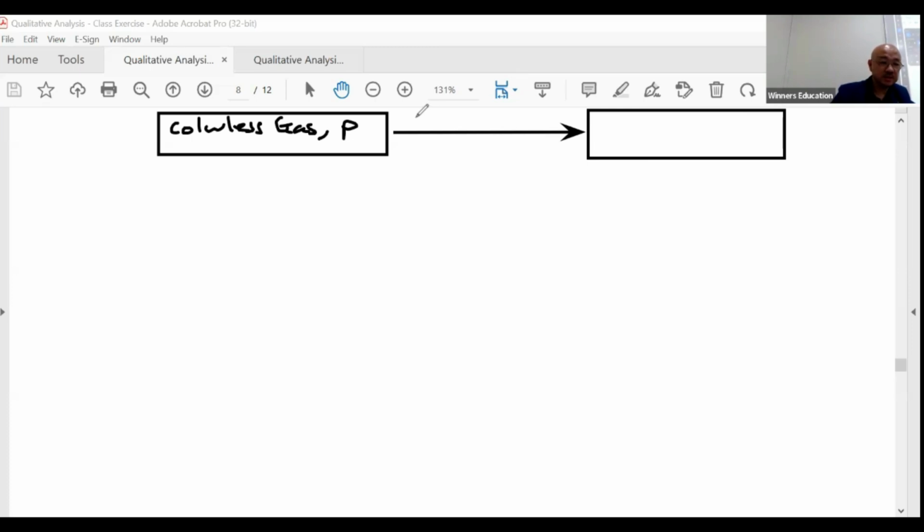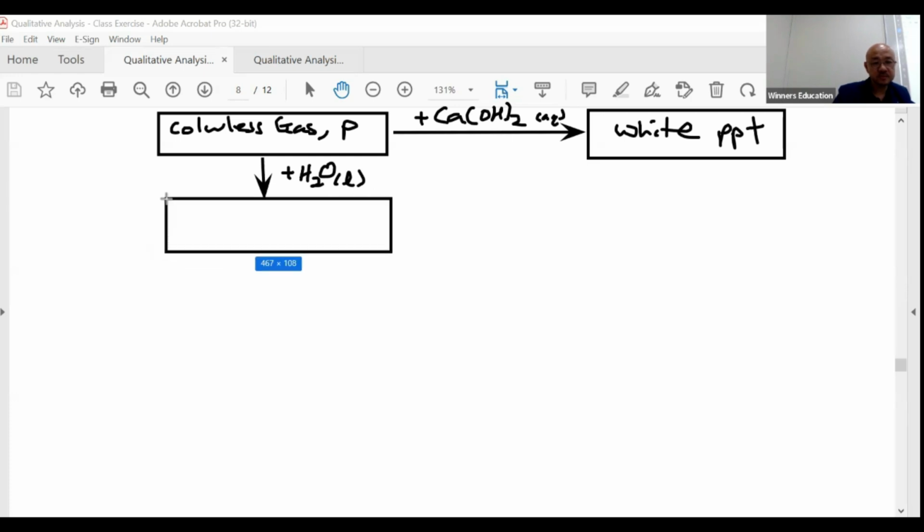You put it into lime water, calcium hydroxide solution, Ca(OH)2 aqueous, and they say you get a white precipitate. But later we solve it, we draw it out first. And then we dissolve in water, so you write plus H2O, or you can write the words dissolve in water, nothing wrong. The colorless solution Q with pH 5 to 6.